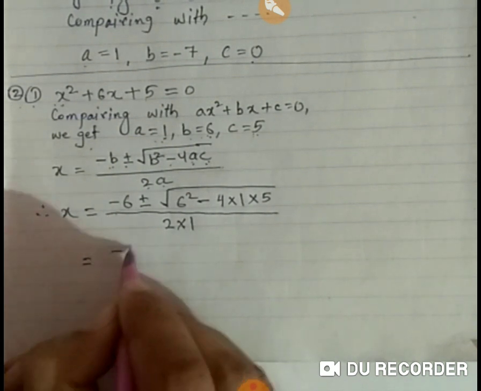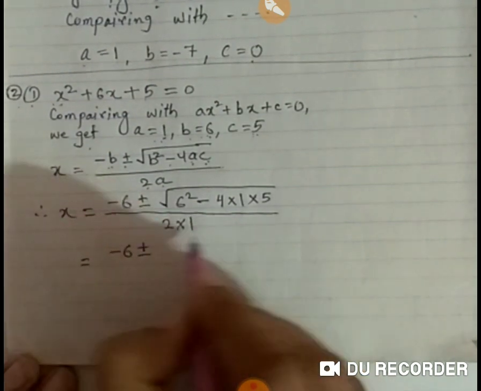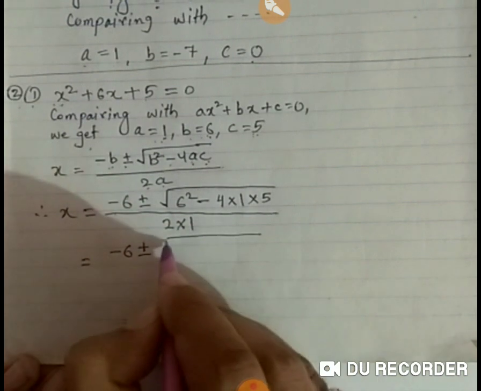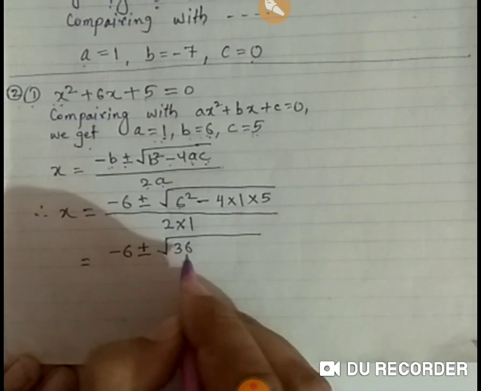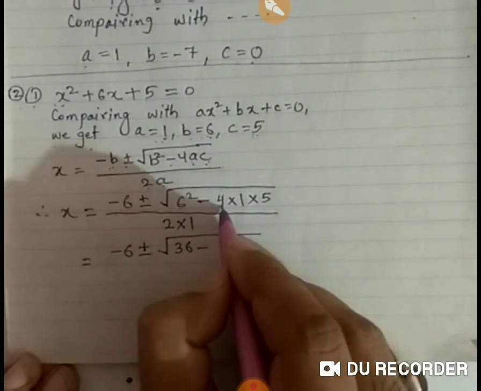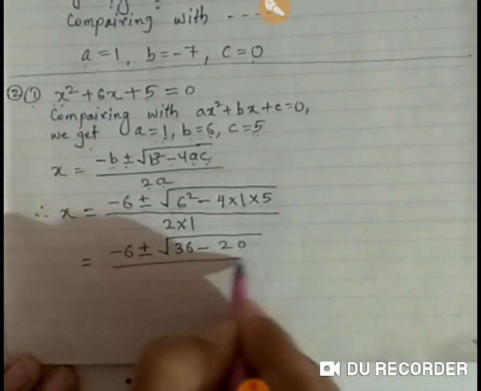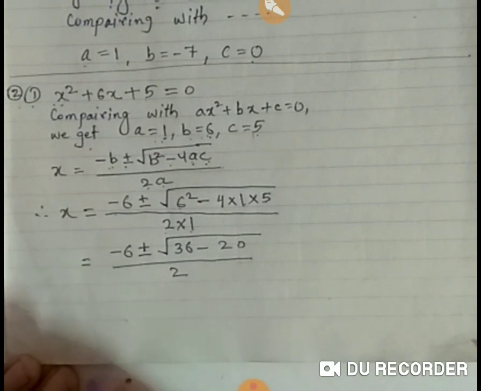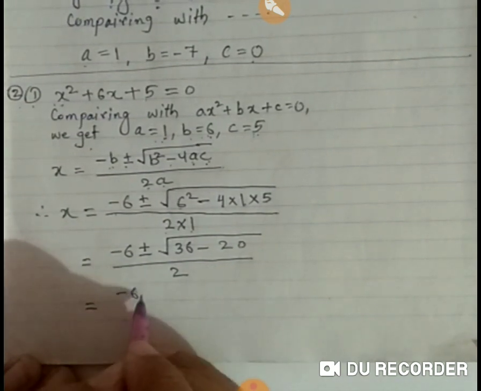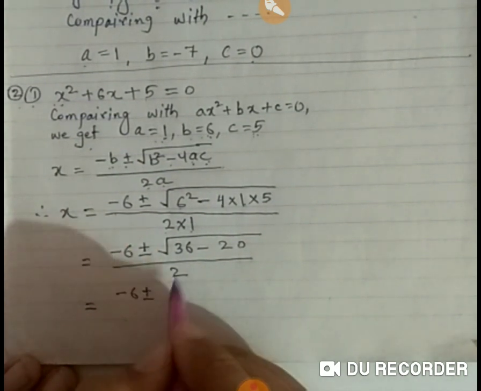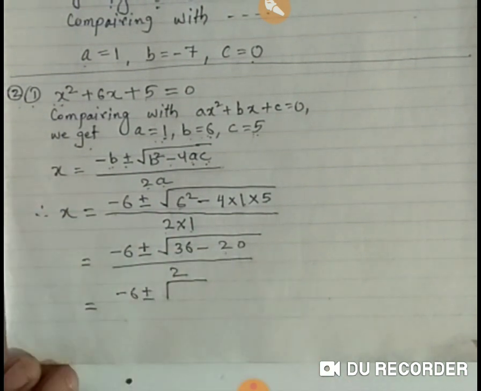So here I'm keeping minus 6 on its place, plus minus, then root of 6 square, 36, minus 4 ones are 4, 4 fives are 20, upon 2 ones are 2. Then minus 6 plus minus root of 36 minus 20. How much?